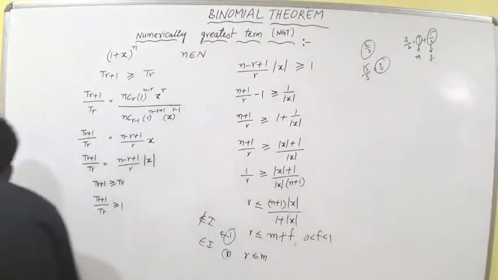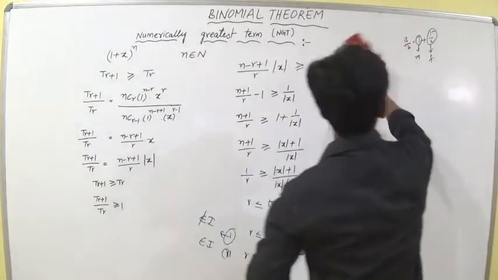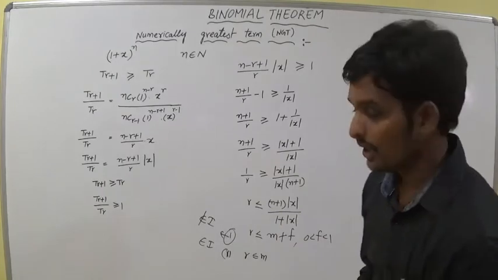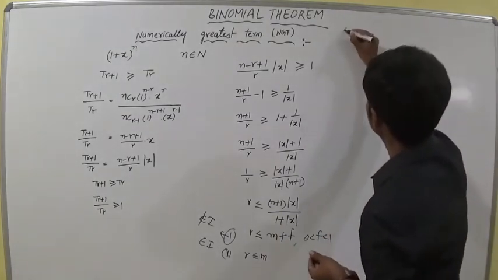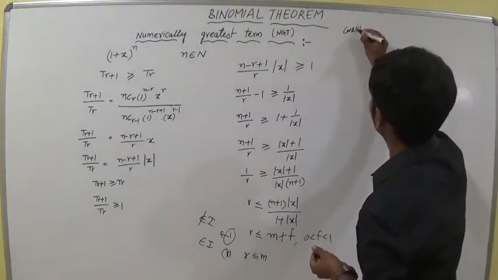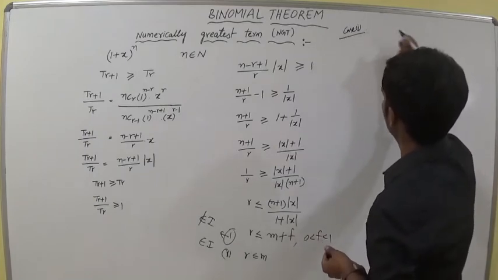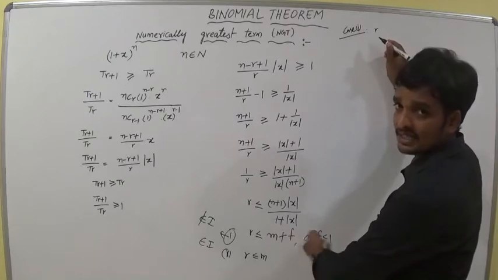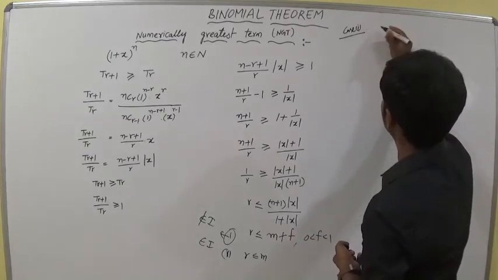I hope you understand. I strongly believe that you can understand this class. For example, here we have two cases. If R is, or m is, for example, the first case is an integer.